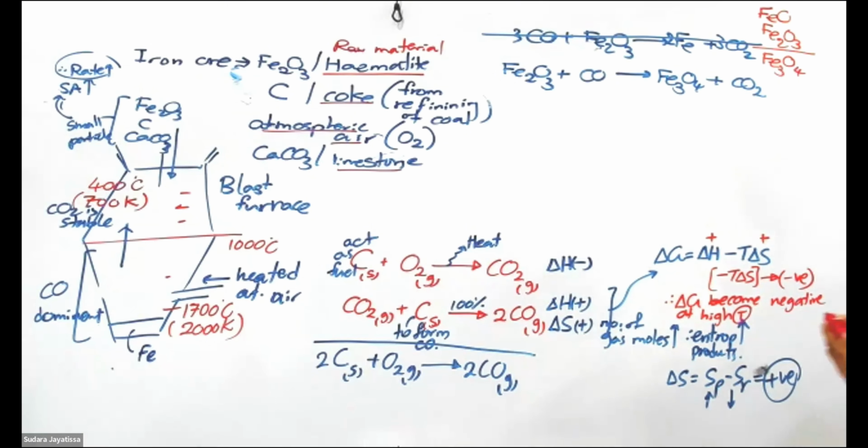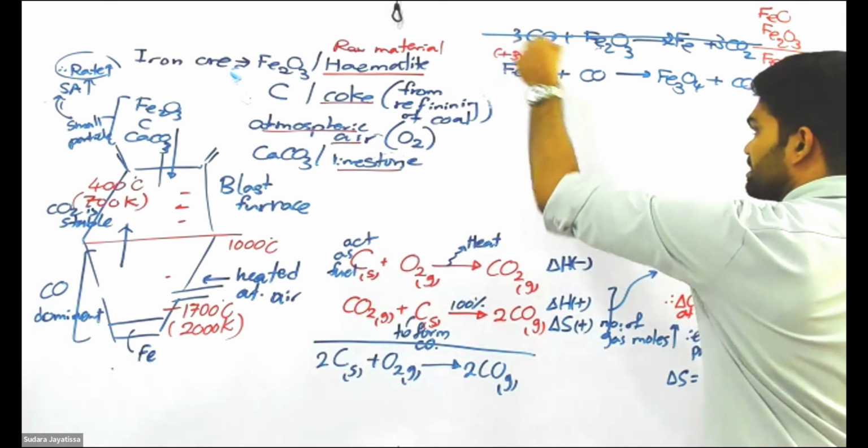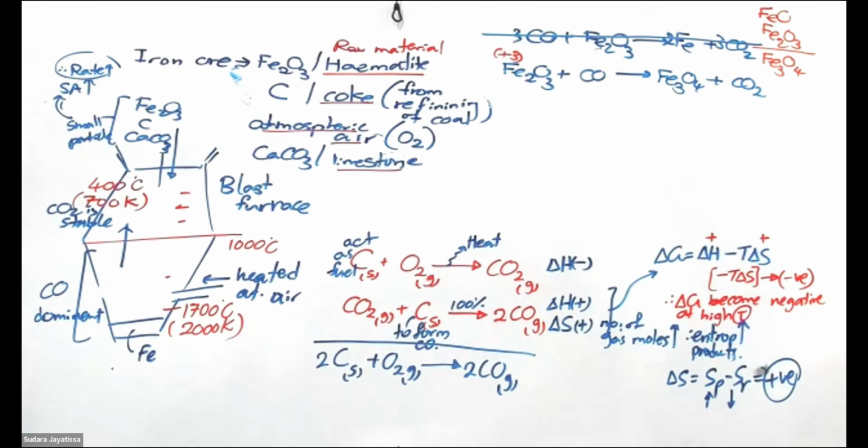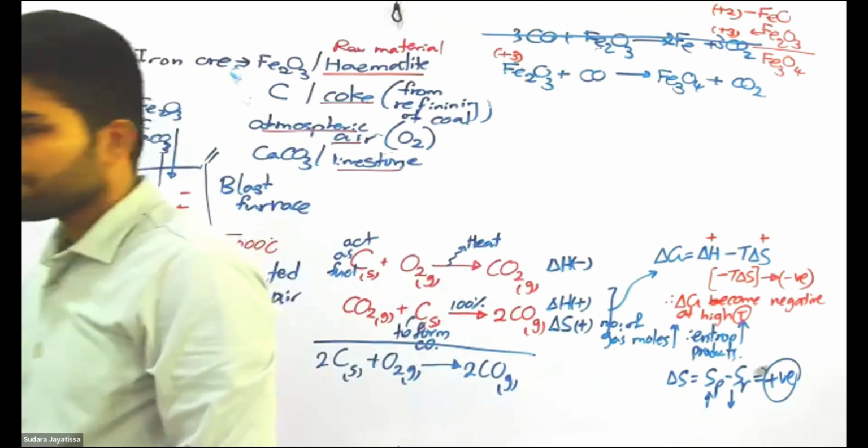So in hematite, all ions are at +3 oxidation number. When it reacted with carbon monoxide, part of it is converted to +2, but still we have +3. You get the idea? Part of the iron is reduced to +2, not fully.